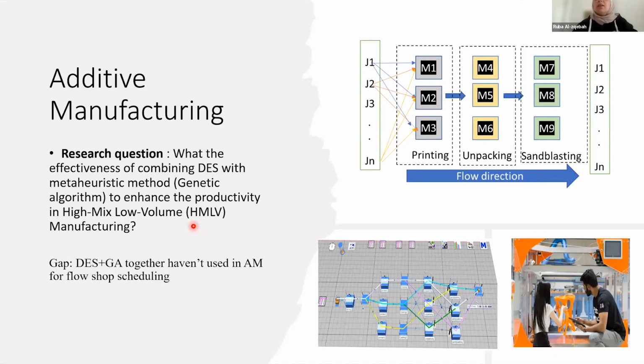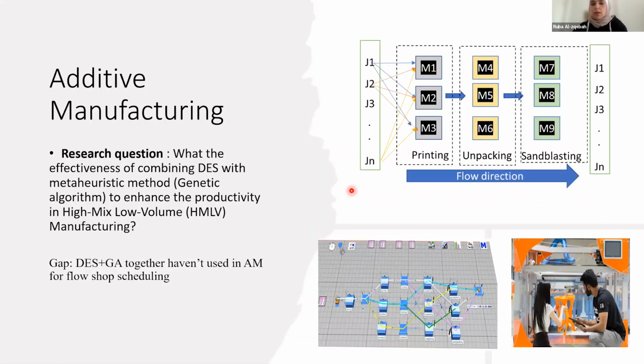Another case study is in additive manufacturing. Actually, this approach hasn't been applied before in additive manufacturing, so it's the first application, especially as the field is growing now. We tried to solve a scheduling problem and a bottleneck identification problem.